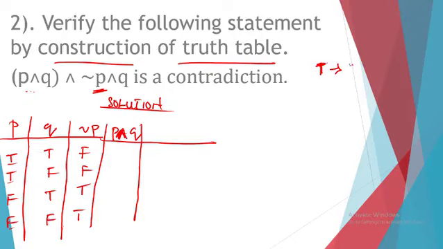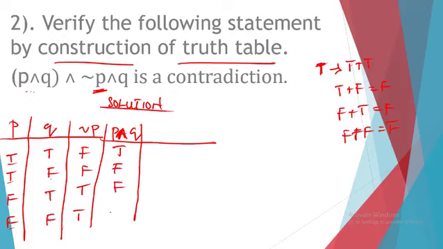So T and T gives T. T and F is F. F and T is F. F and F is F. So it's only true when we have two truths. So for P intersection Q, we have T, T, so here is T. This is T, this is F, we have F. This is F, this is T, we have F.